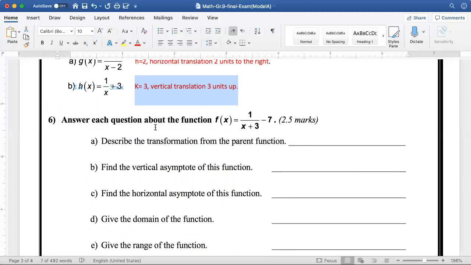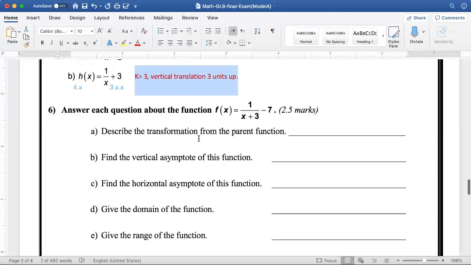Okay. Answer each about the function f of x equals 1 over x plus 3 minus 7. Describe the transformation from the parent function. What happened here? Two transformations happened here.